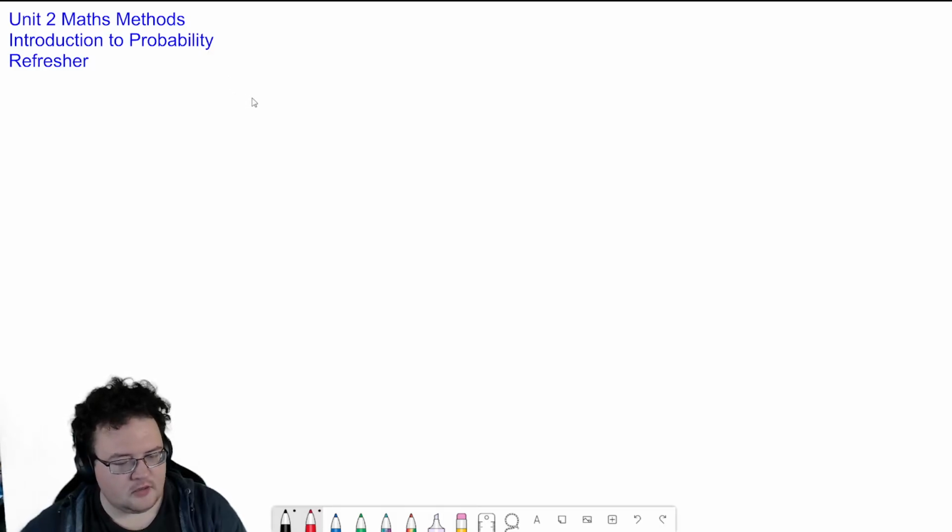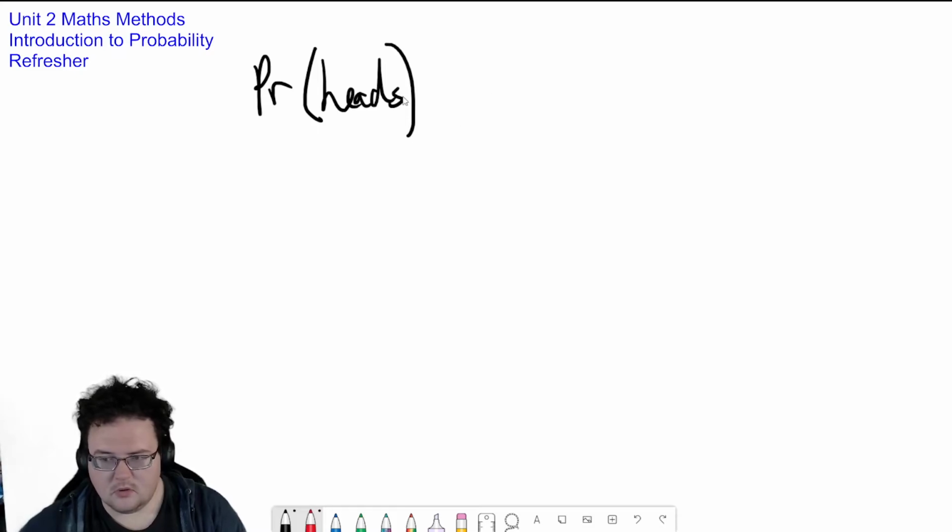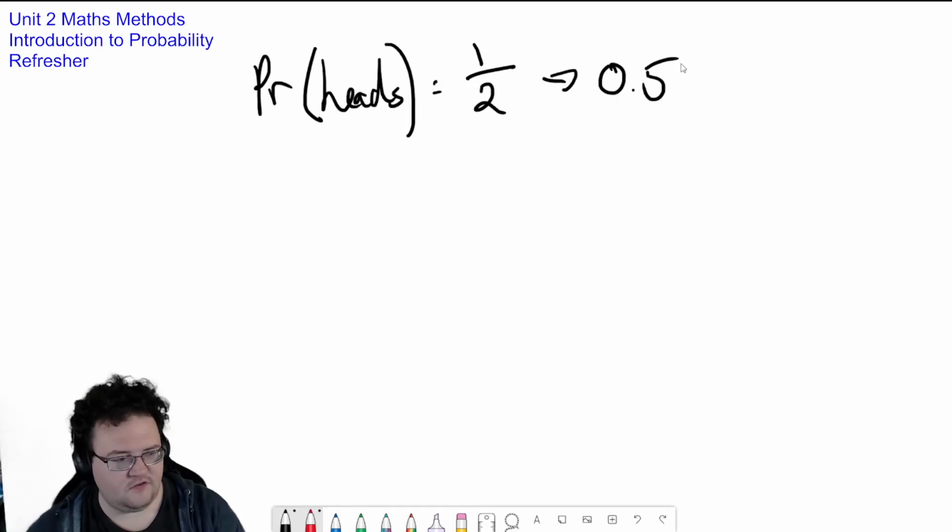If I flip a coin, what is the probability I flip a heads? Well, there's 1 head on a coin. There are 2 possible outcomes, so the probability is 0.5.